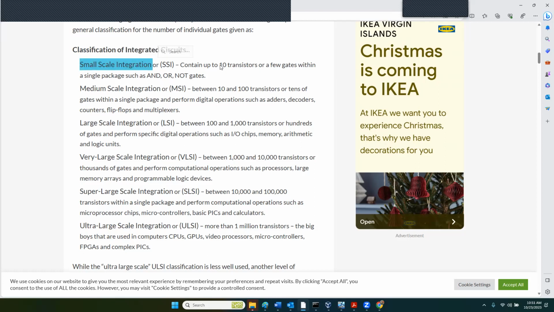It would contain up to 10 transistors or a few gates within a single package, such as AND or NOT gates, right? And then by the 1950s and 1960s, we started seeing medium scale integration, between 10 and 100 transistors. And then later in the 60s and early 70s, large scale integration. So you'd have 100 or 1,000 transistors.